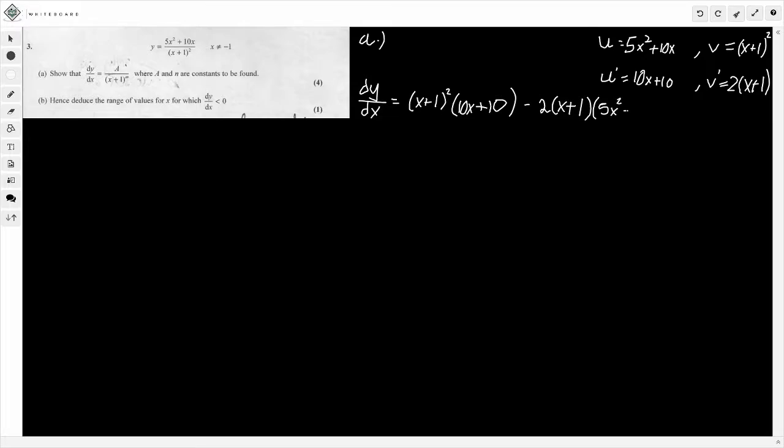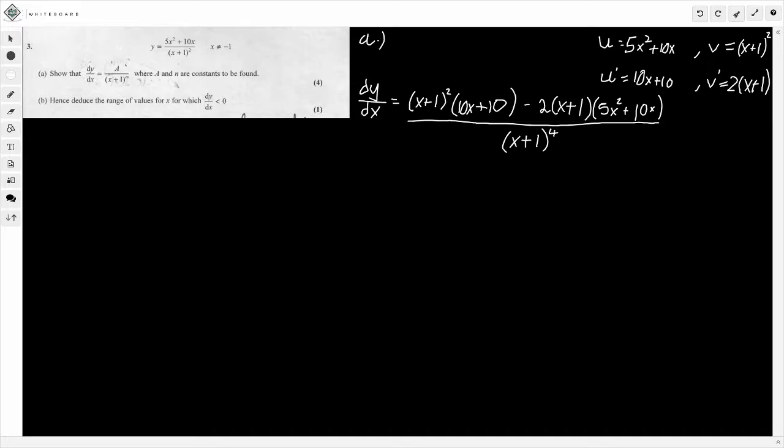And this is all divided by v squared. So v is x plus 1 squared. So if we square this, that's going to be x plus 1 all squared again. So that's going to be x plus 1 to the power of 4. That's my denominator.